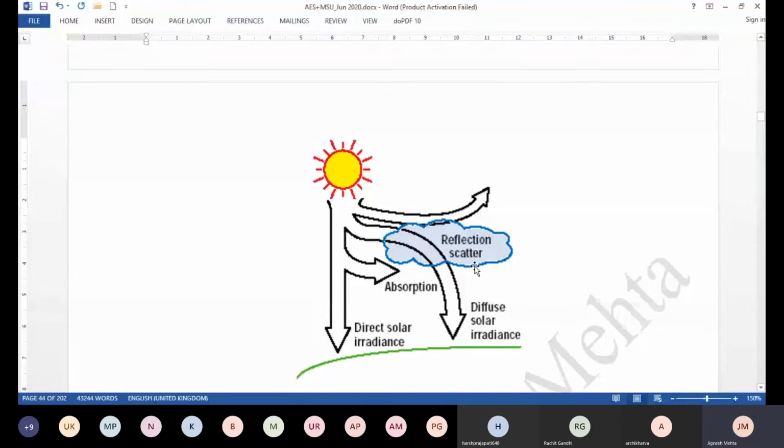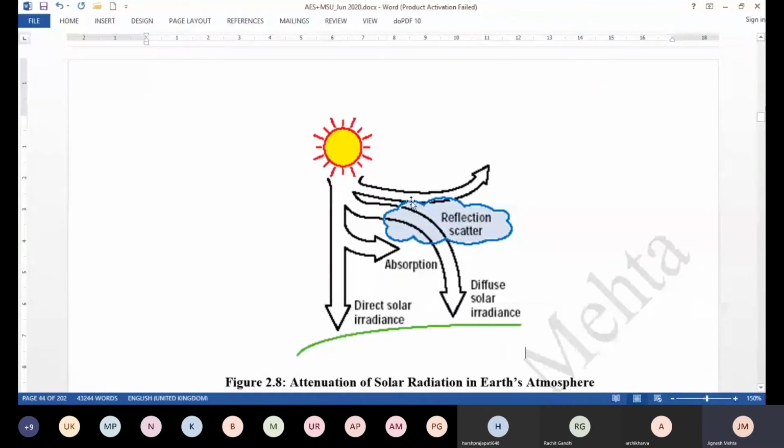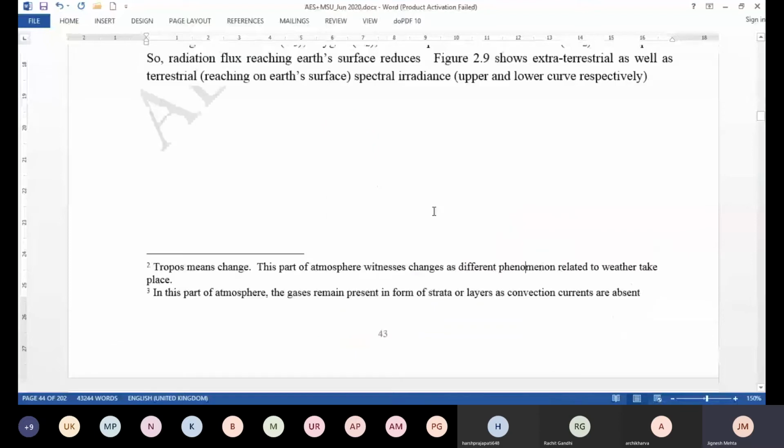When the direction is changed, it may still come back to the surface of the earth, but it is not coming directly from the sun. It will come from the whole hemisphere of the sky. If scattering did not occur, you would see the sun as a bulb, and the things surrounding it in the sky would be dark, but that doesn't happen because the radiation is scattered and fills up the whole sky. So you see the whole sky glowing.